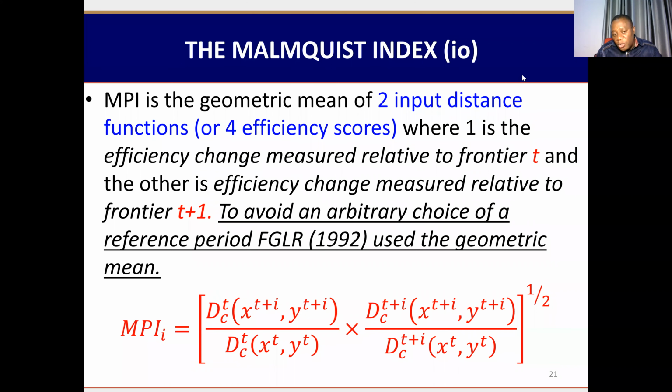So what we are going to do next time is estimate the component indices, the distance functions that make up the Malmquist index.